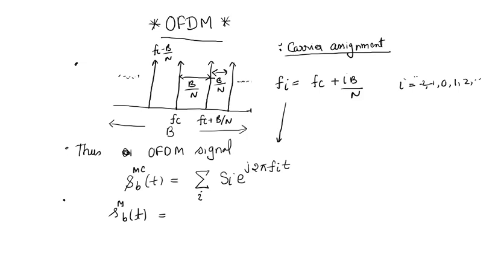I am calling it multi-carrier until we convert it to DFT, IDFT form. We generally call it multi-carrier. So it is a multi-carrier signal, and we put here S_i e to the power j 2 pi f_c t. Just take this part, because we have already seen all of this maths, so that it is called baseband.